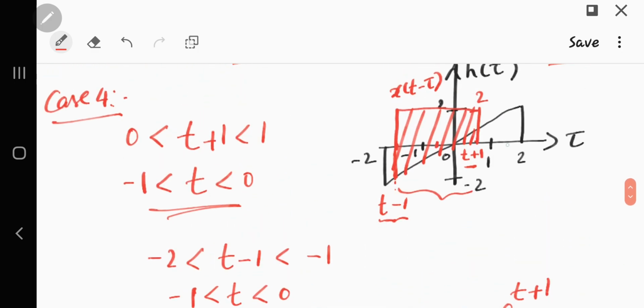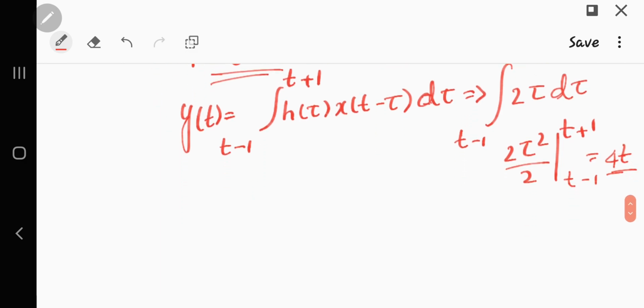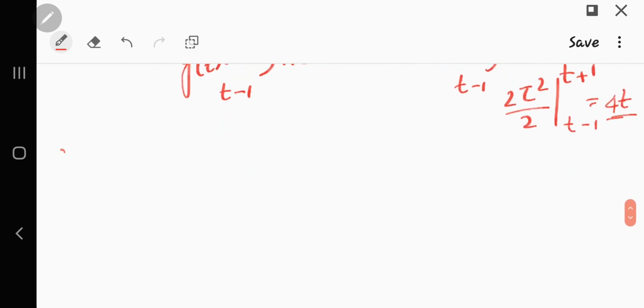case, I will move this t plus 1 here between 1 and 2, and meanwhile I have to move this end also, and let's see what happens to the signal. So let's define the case here, case 5.